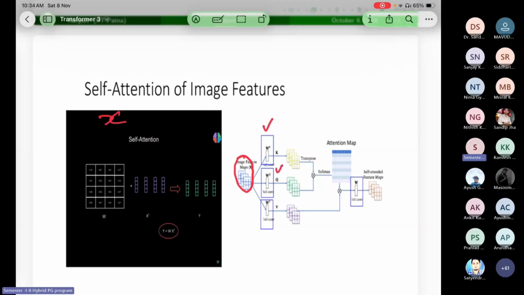Every fully connected layer is taking the same input, that is your X. The first fully connected layer takes the input X and gives you K. The second takes X and gives you Q. The third takes X and gives you V. So we are getting three transformed matrices of X. The origin is X only, but we are getting three transformed matrices.